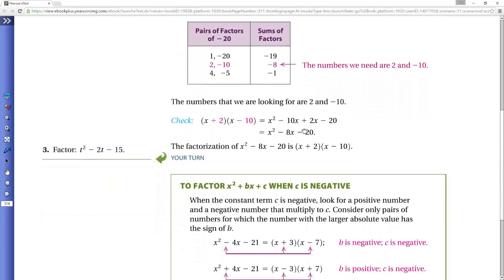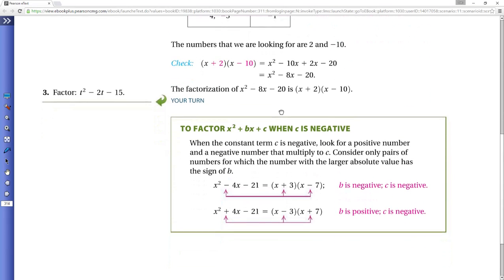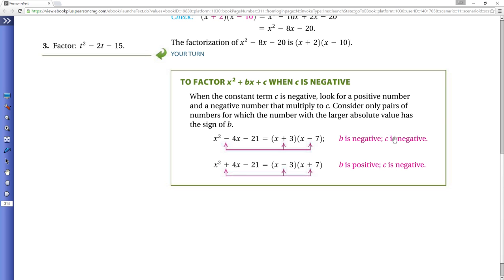So we look at this, and they're showing basically finishing that, and this describes just what I went through. It says if the constant term c is negative, look for the positive number and negative number that multiply to that c, or in other words, the factors are positive and negative. Consider only pairs of numbers for which the number with the larger absolute value has the sign of b.